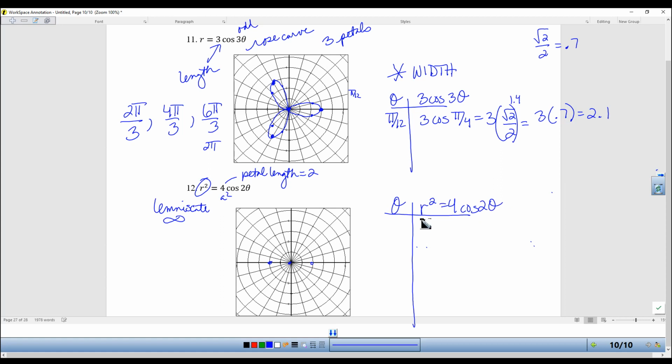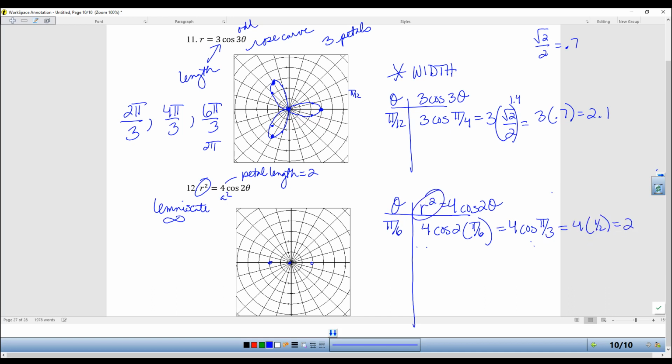So which one should I pick? I'm going to pick pi 6, because if I pick pi 6, then when I multiply it by 2, 4 cosine of 2 times pi 6 becomes 4 cosine of pi thirds. 4 cosine of pi thirds is 4 times 1/2, which is 2.